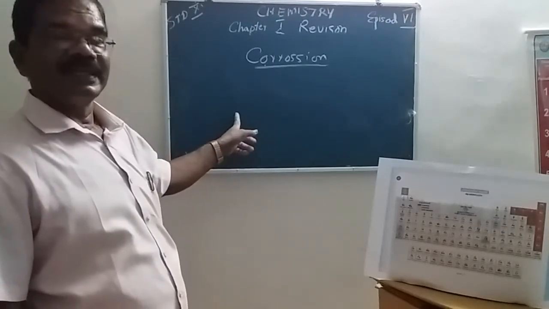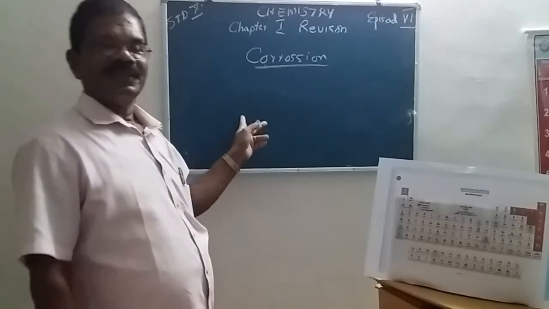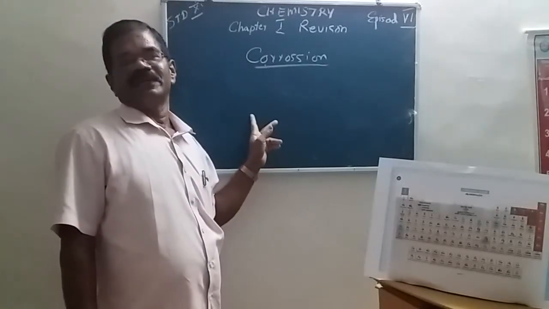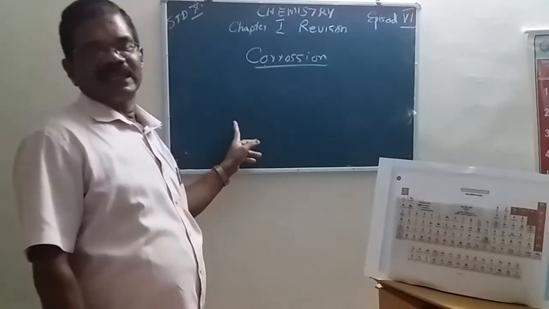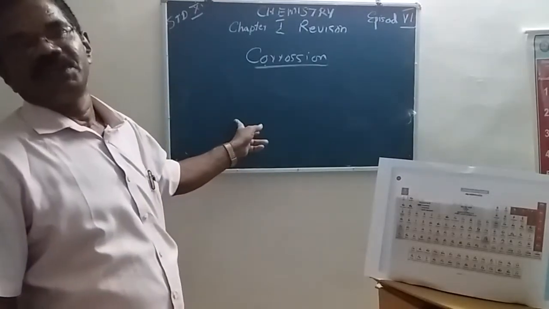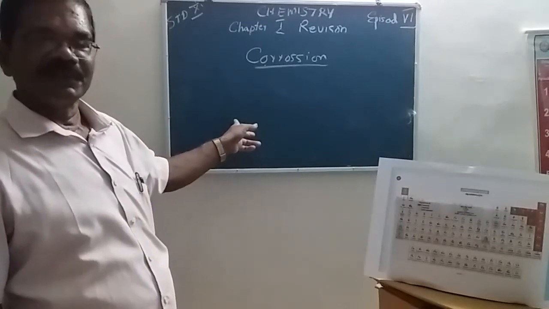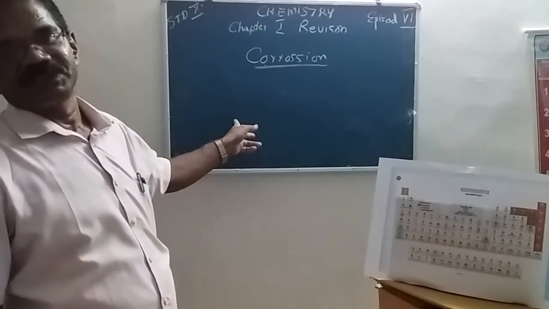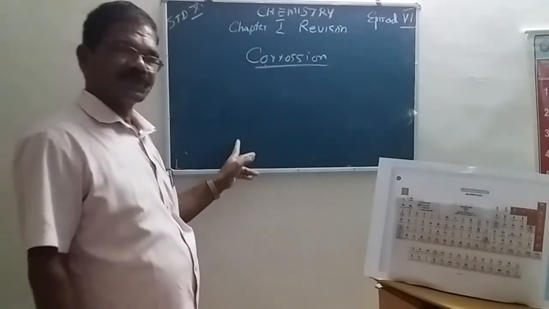The silver metal reacts with the hydrogen sulfide present in the air. With the decay of plants and animals, hydrogen sulfide is produced in the atmosphere. This hydrogen sulfide reacts with silver metal to form silver sulfide. So the shiny surface disappears and a black color is formed.